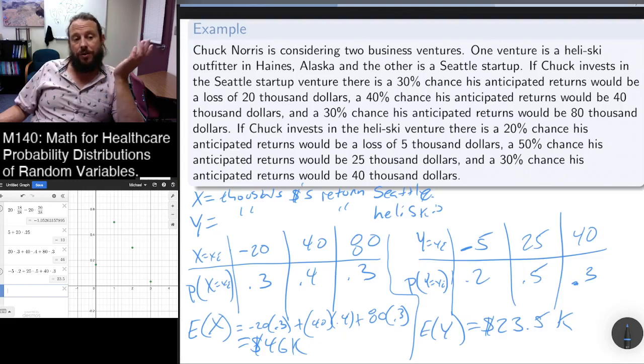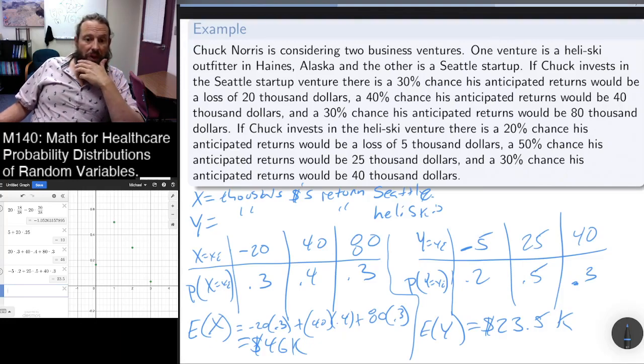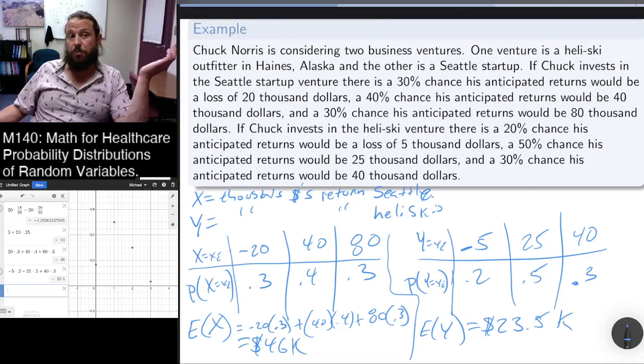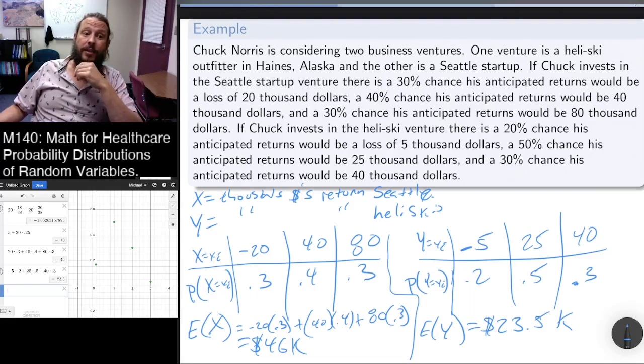What are some other things we want to think about? Well, one thing might be that, notice the Seattle, you have a 30% chance of losing $20,000. All right, some people may say that's too risky. 30% is pretty high. Three out of 10 times you lose 20 grand. That's not that small of an amount.